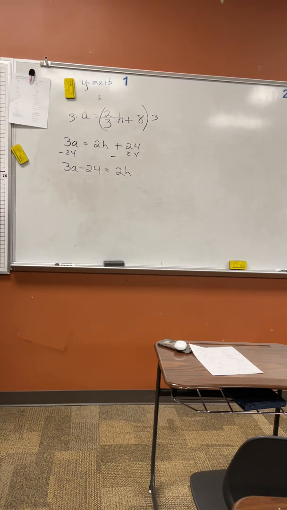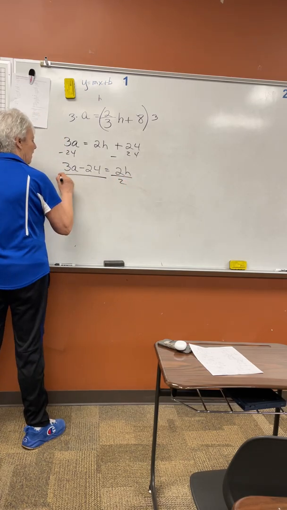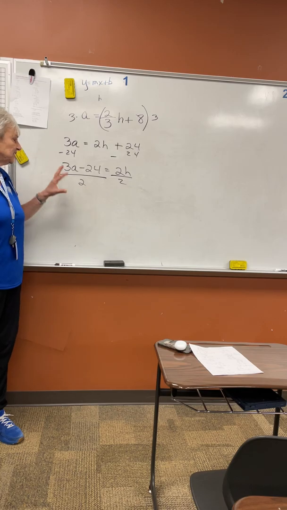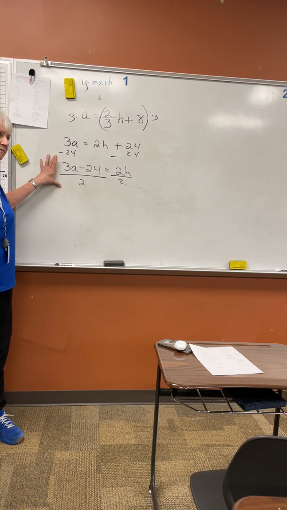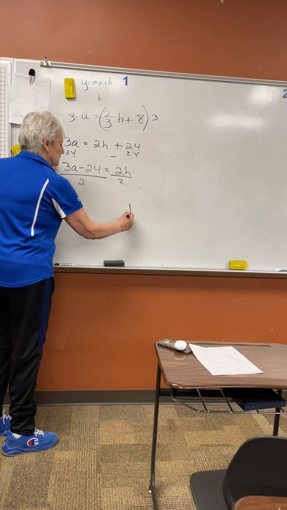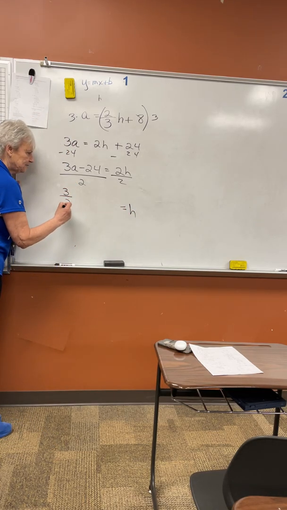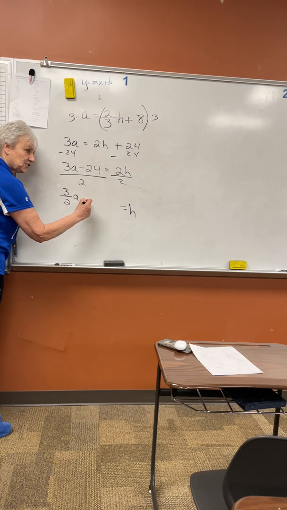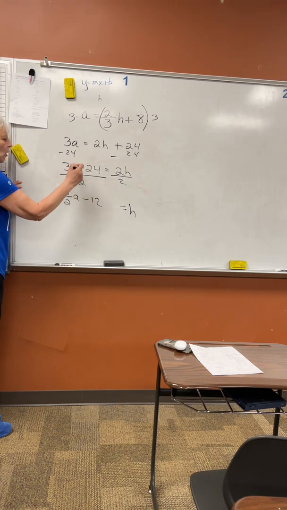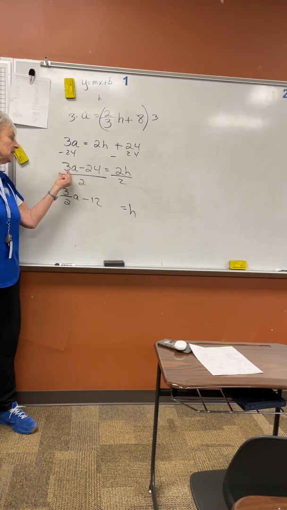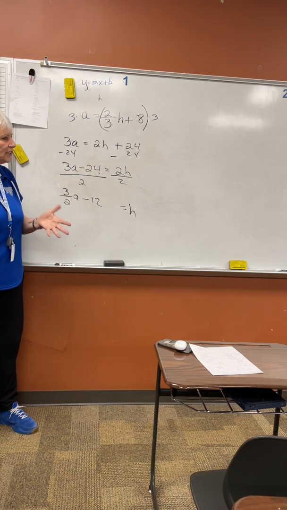Divide by 2, divide by 2. Now, since 3 can't be divided by 2, this is an acceptable answer. Or you could put 3/2 a minus 12. Both acceptable. Now, if this number can go into both of these, you should not leave it.